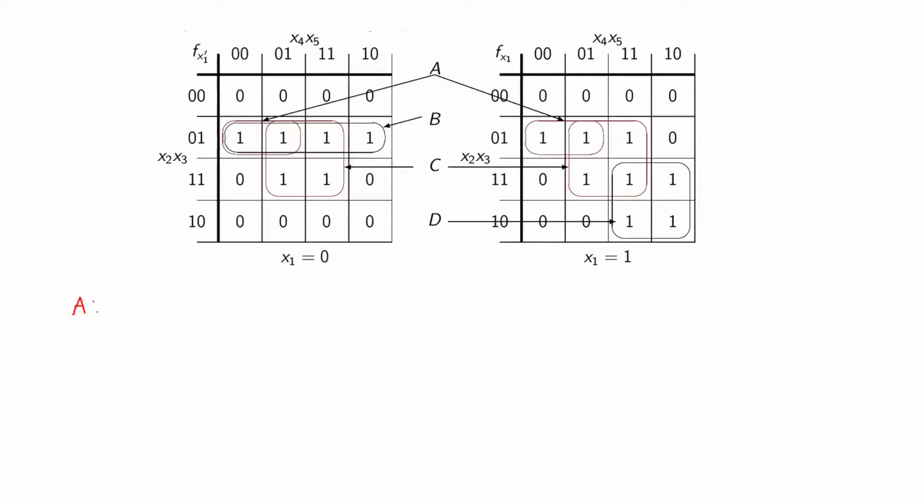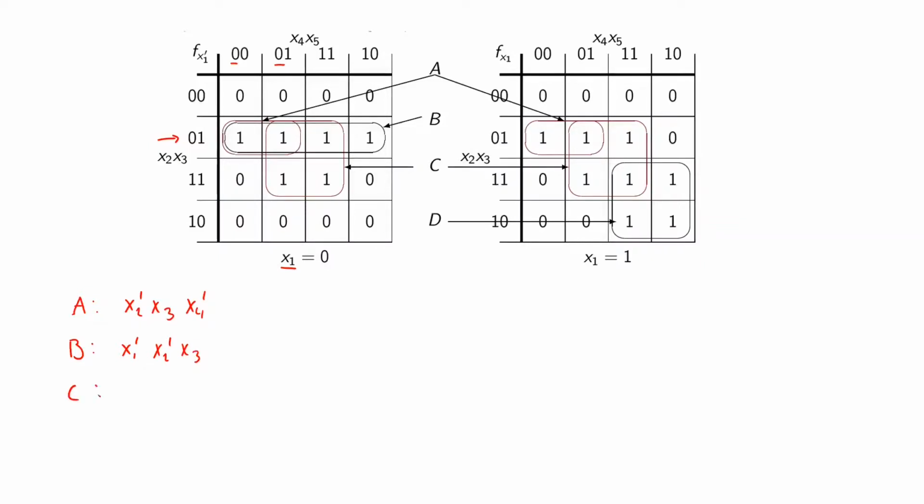It can be written as x2 prime x3, and then these two columns will have x4 equals 0, so it will be x4 prime here. For B, this only covers the left Karnaugh map, so we will have x1 prime, because for this one x1 is a 0. And then we have this complete row here, which is x2 prime x3.